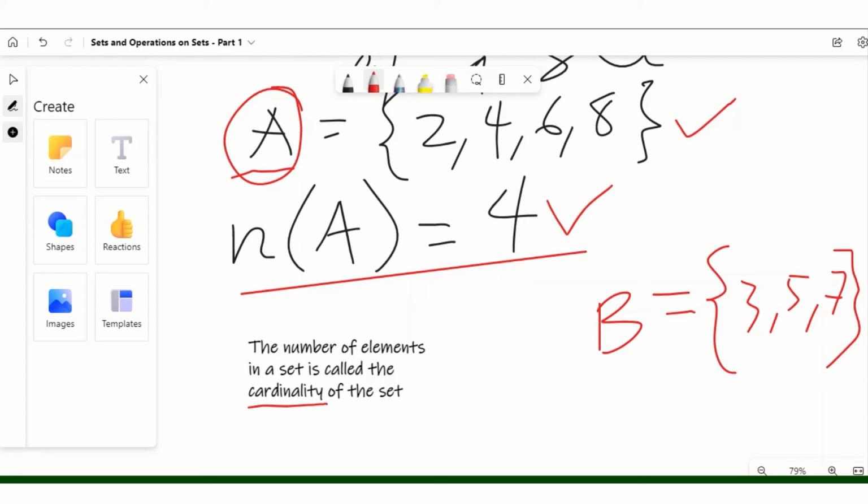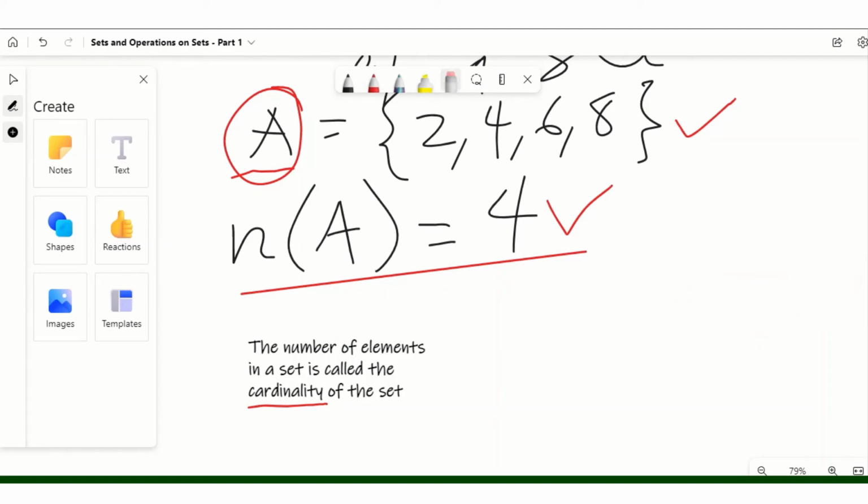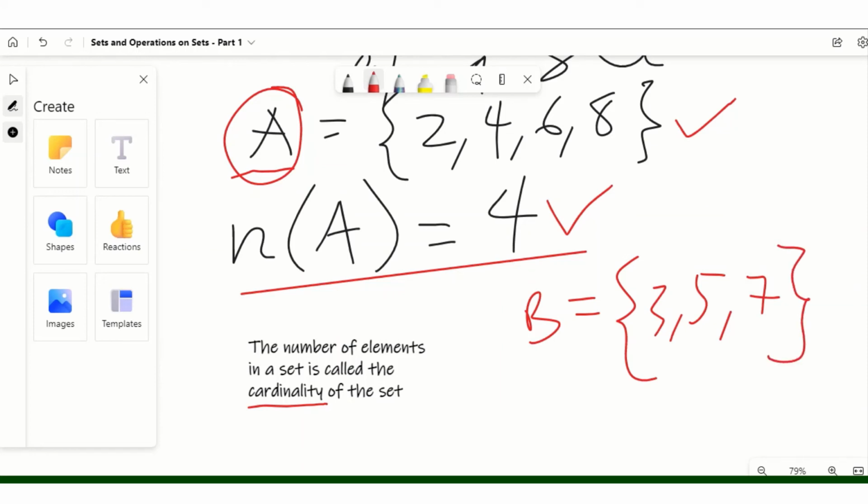Let me write the notation well. Okay, so we have B equals 3, 5, and 7. I've written it well.